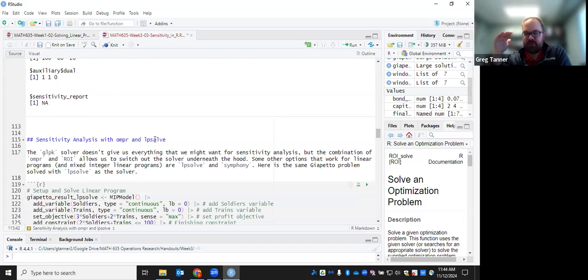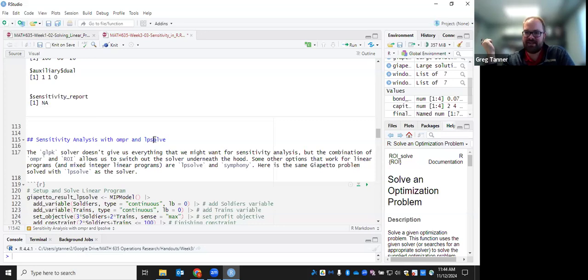The beautiful thing is ompr is a high-level interface that allows you to write your constraints in an algebraic way that is nice and easily readable. It then passes the constraints and your objective down to ROI, which then passes on to the solver. The modular setup allows us to swap out the solver for a different one if we want different performance.